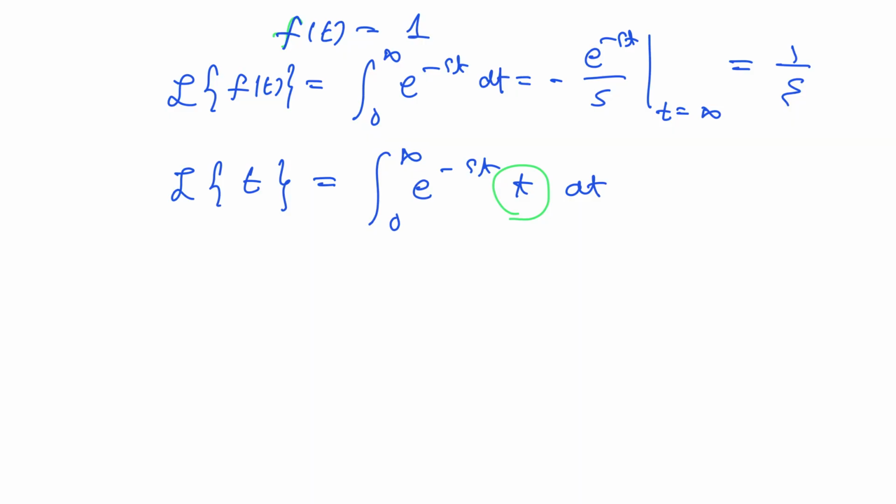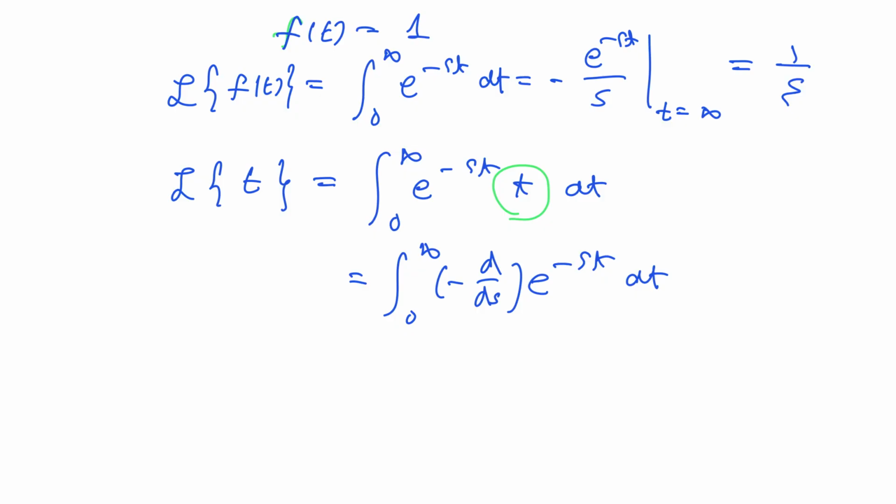So if we differentiate this exponential minus st by ds, then you obtain t, right?